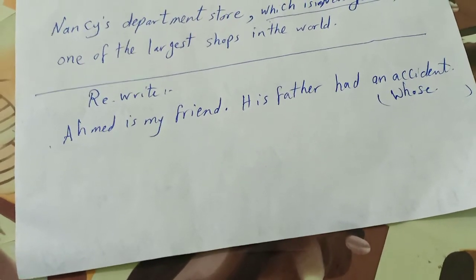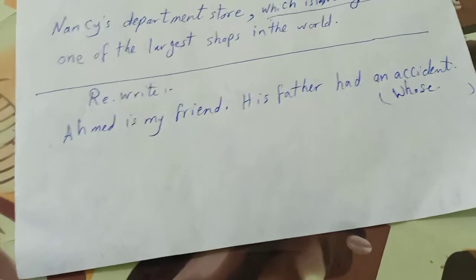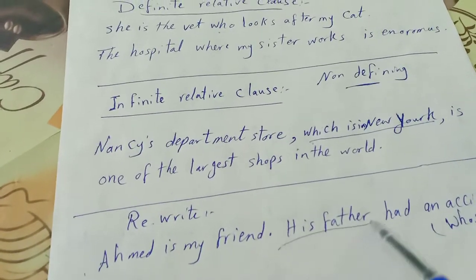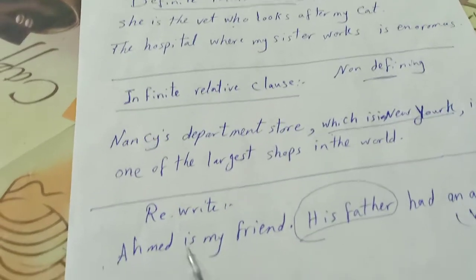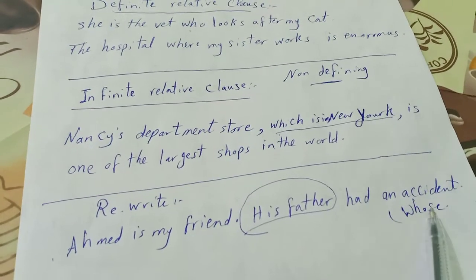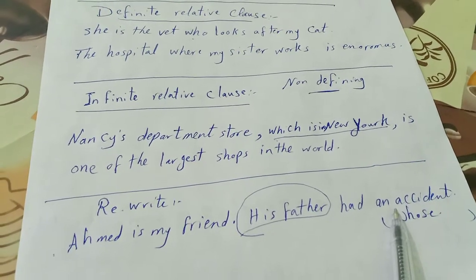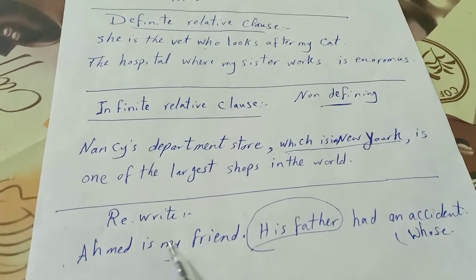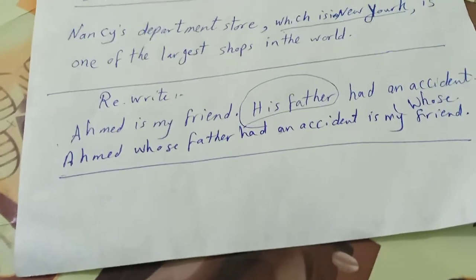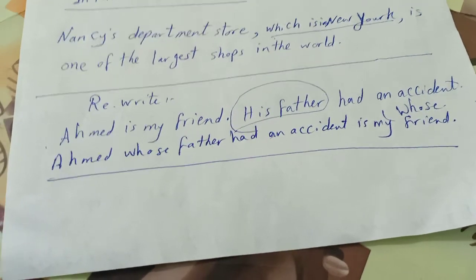Ahmed, whose father had an accident, is my friend. We will take the words his father away, and I will say Ahmed, whose father had an accident, is my friend. Let me write it down. Here is the answer. Ahmed, whose father had an accident, is my friend.